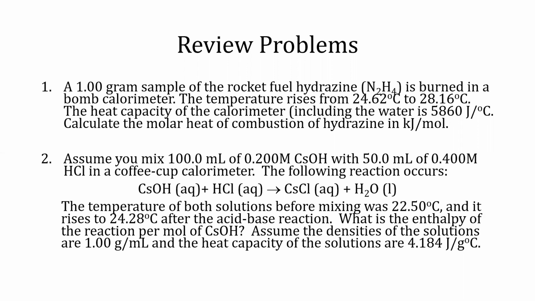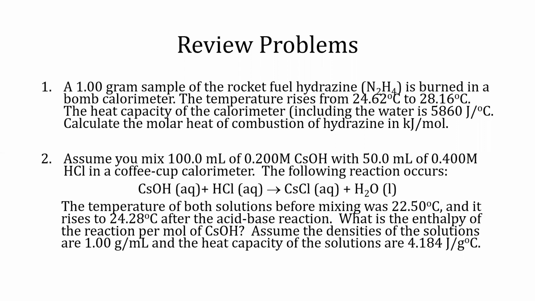2. Assume you mix 100 mL of 0.200 M CsOH with 50 mL of 0.400 M HCl in a coffee cup calorimeter. The following reaction occurs. CsOH plus HCl forms CsCl plus H2O.